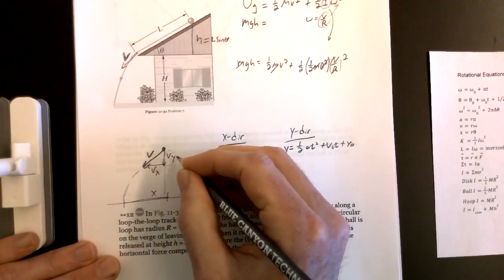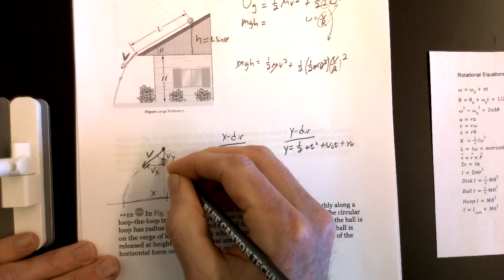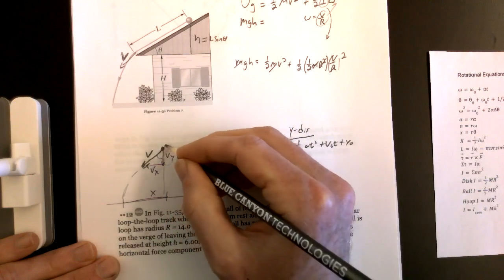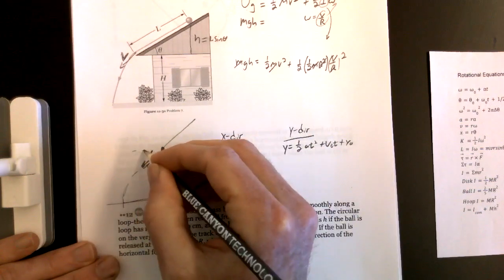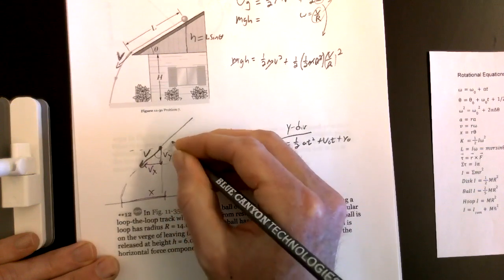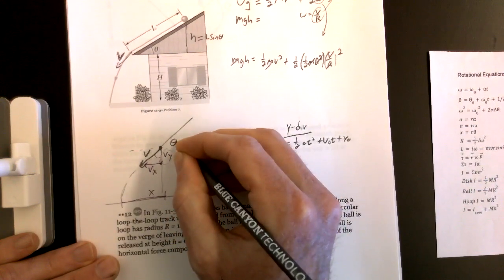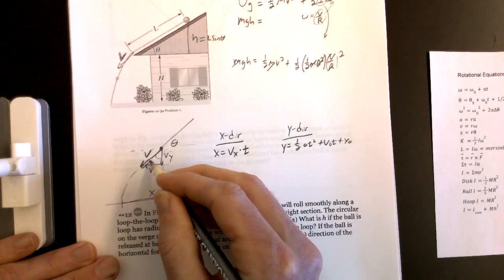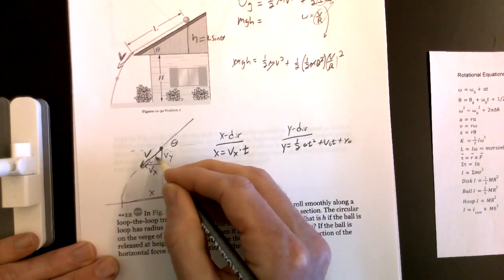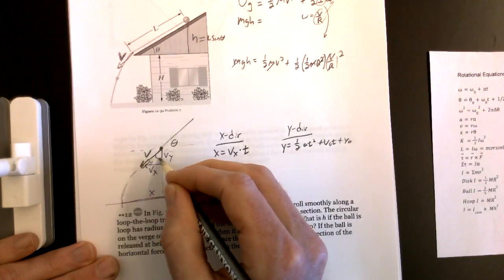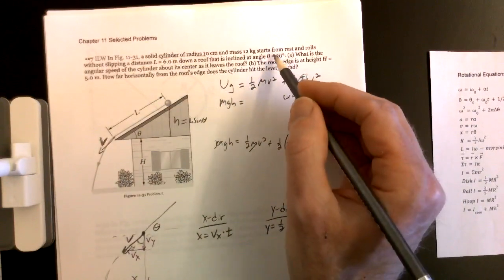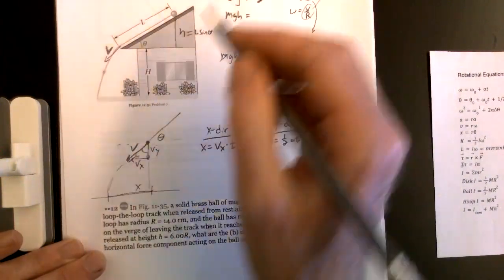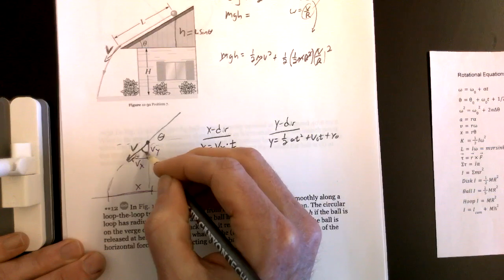To figure out these components, by the way, we need to figure out what this angle is. If I draw this extended up this way and draw this dashed line here, here is the original angle that's given in the problem. So that's this angle down here, and this angle is going to be 90 minus that angle. So if the original angle back up in the problem was 30, then the angle I'm dealing with right here is going to be 60.